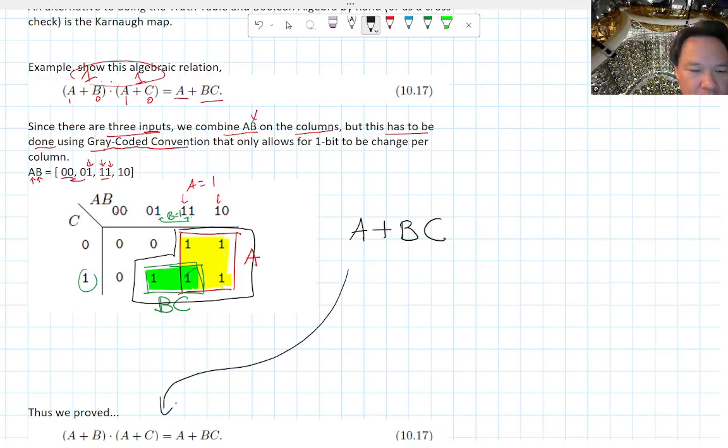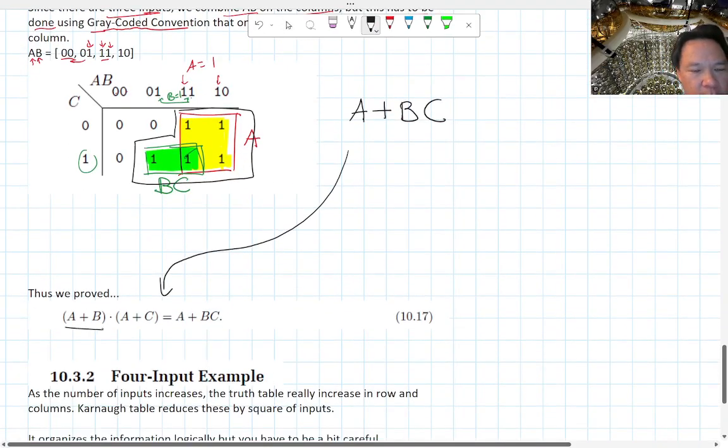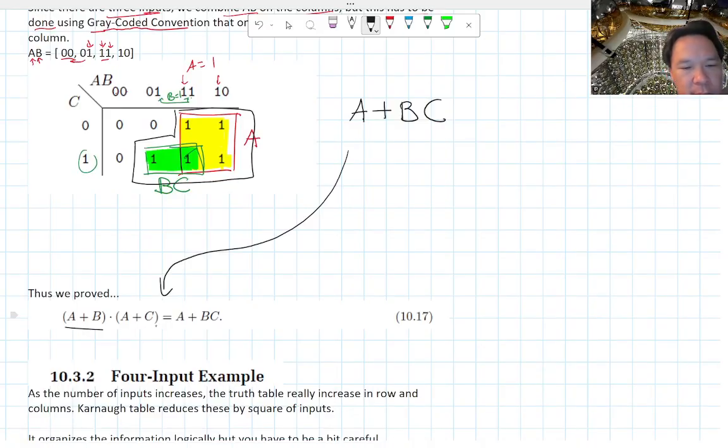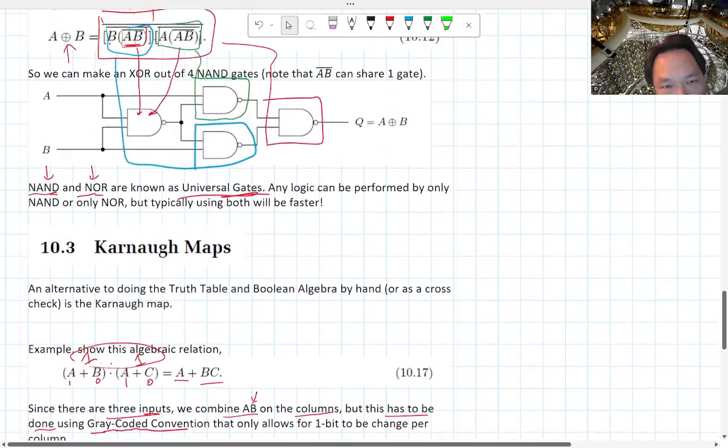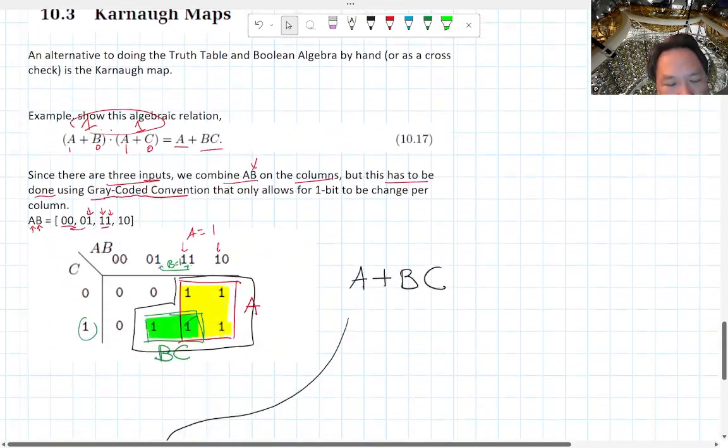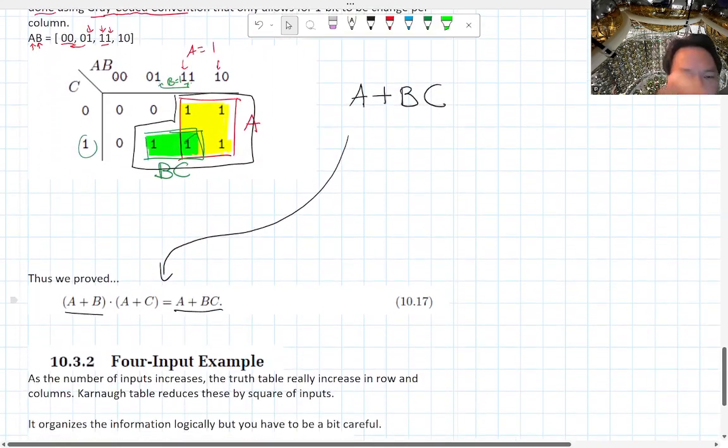So this way we can prove that A or B and A or C is the same thing as A or B and C. You could have done this using Boolean algebra with a few steps, but this is just an example of how you can see it on this Karnaugh map.